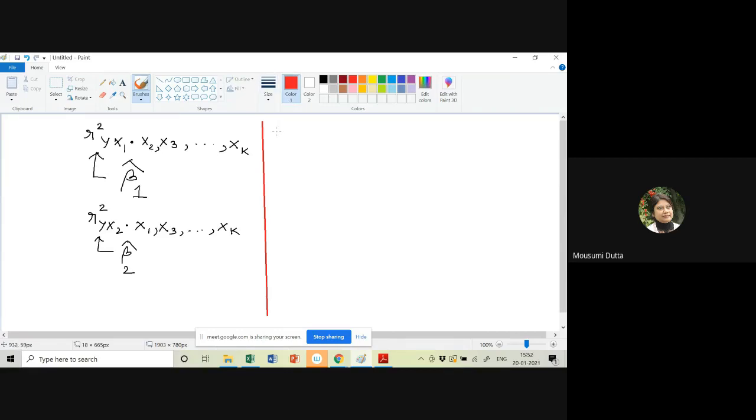Suppose this is the model to begin with. Then suppose we are considering a restriction or null hypothesis.